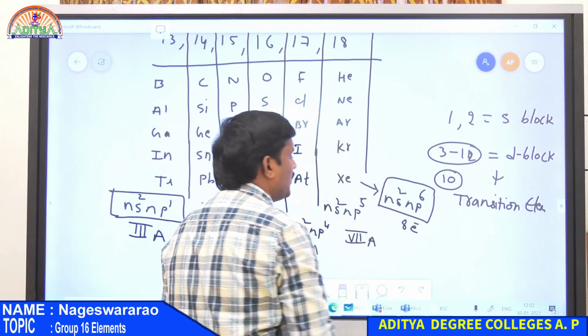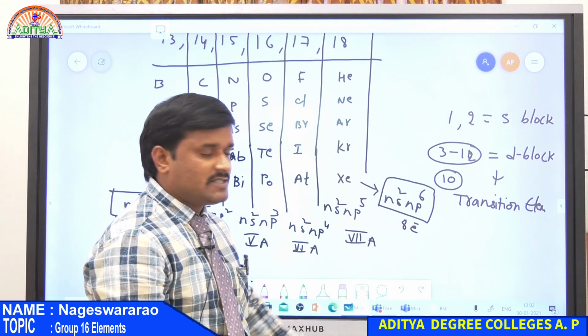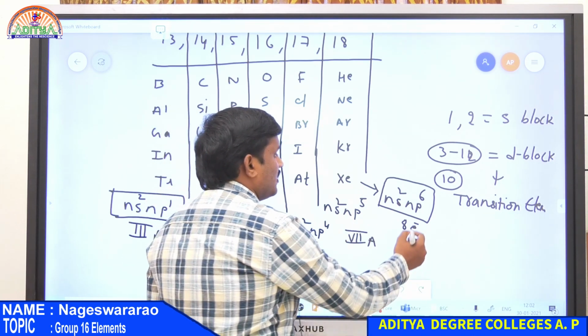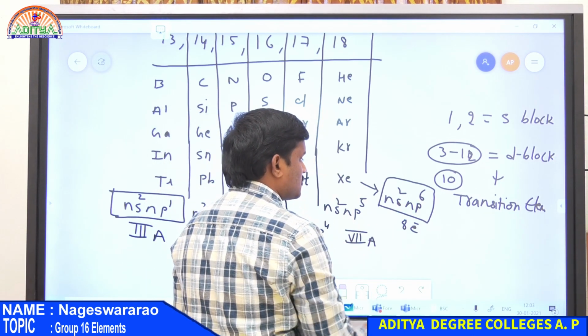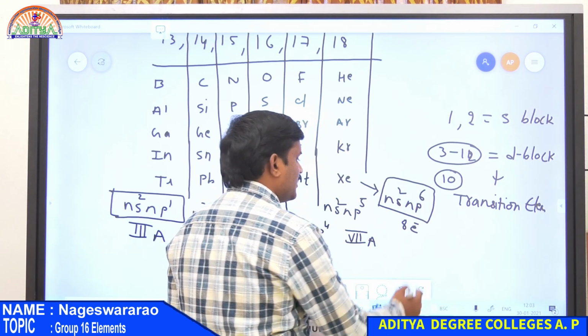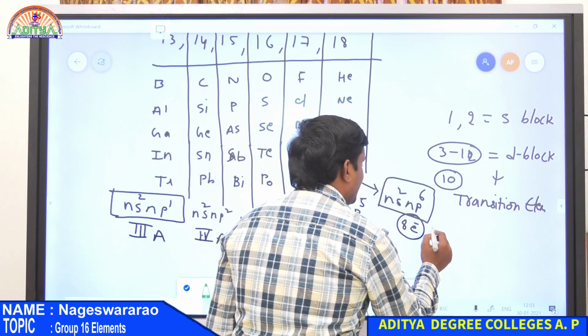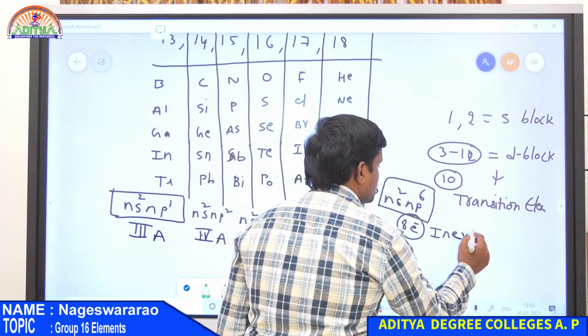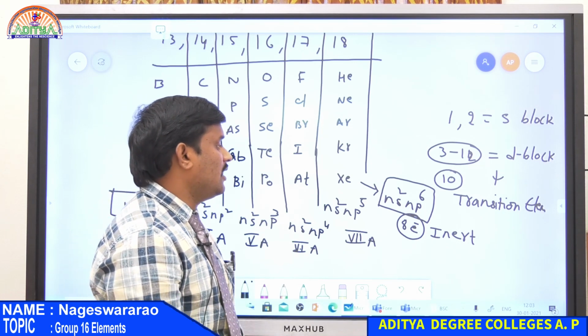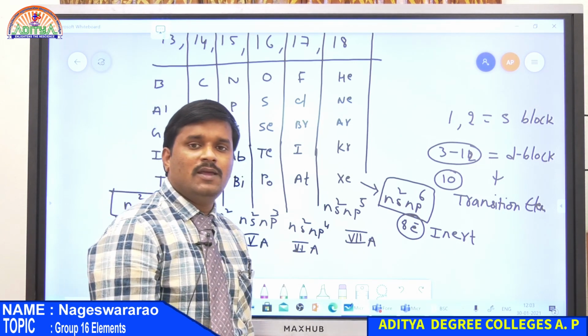All are completely filled orbitals. The s orbital has 2 electrons and the p orbital has 6 electrons, so s orbital is completed as well as p orbital is also completed. That is why these are known as inert gases. These are more stable and do not involve any reactions. That is why these are inert gases or noble gases.